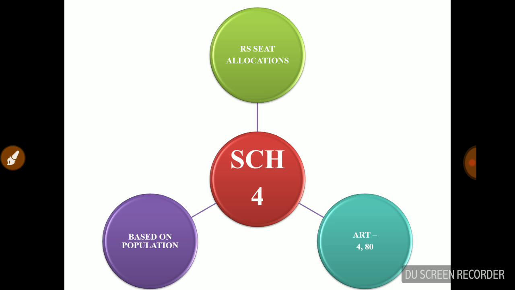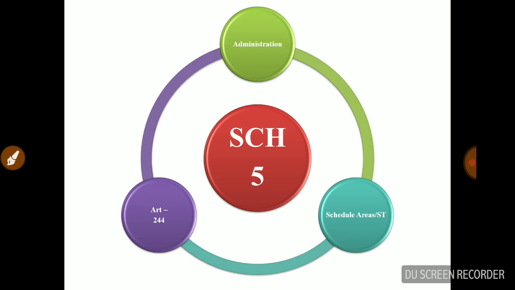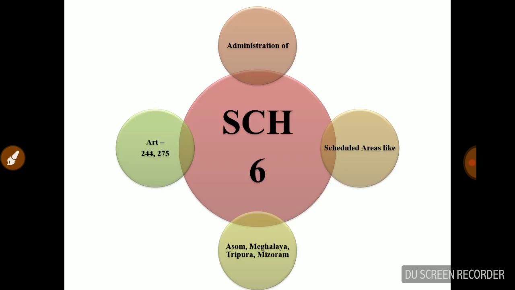So direct election is there for Lok Sabha, indirect election is for Rajya Sabha, and for each state there is a proportional representation in the Parliament's Rajya Sabha. That allocation is mentioned in Schedule 4, and the articles are Article 4 and 80, and it is definitely based on population. Schedule 5 is the administration of scheduled areas and scheduled tribe areas, and the article is 244.